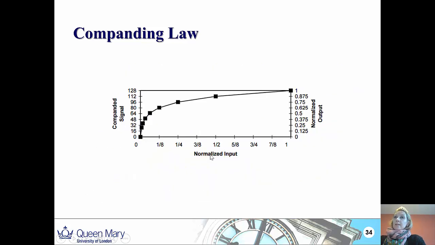Okay, so we can see the principle of the compounding law in this figure, where our larger amplitudes are mapped into smaller intervals and our smaller amplitudes are mapped into larger intervals.